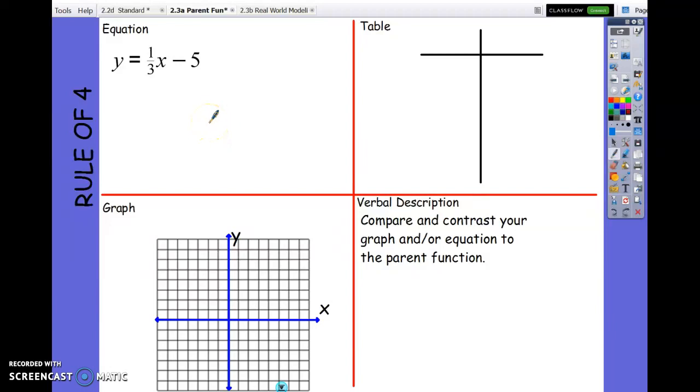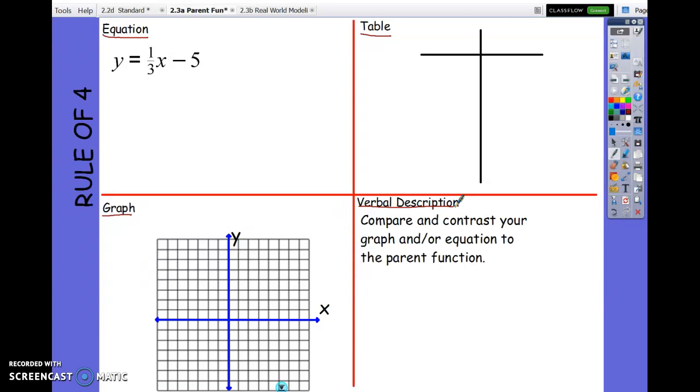This is something called the rule of 4, where we look at one equation and we write it as a table, a graph, and a verbal description. It's one equation, but we're talking about it using numerous representations. We're starting with the equation y equals 1/3 x minus 5.